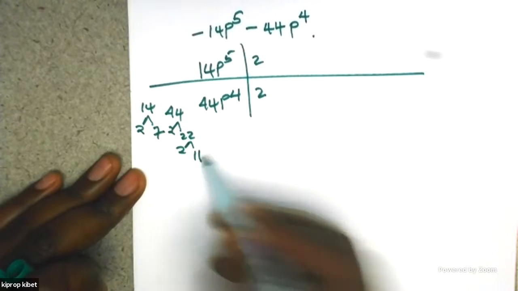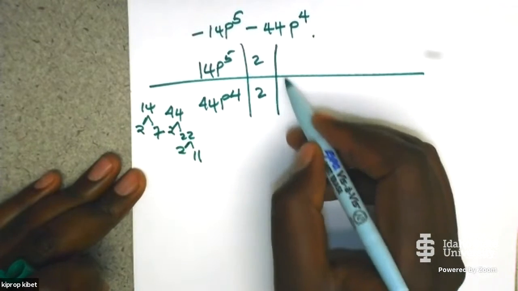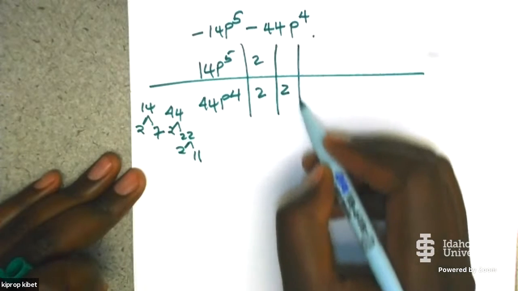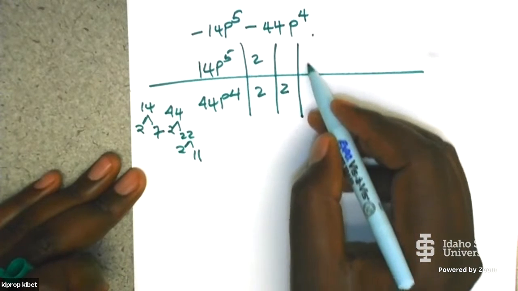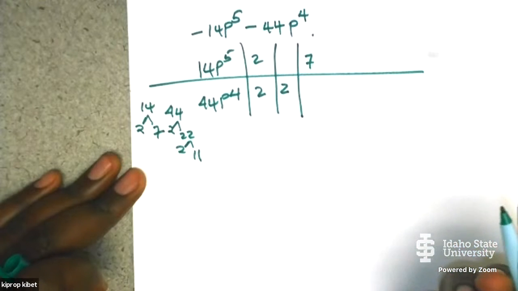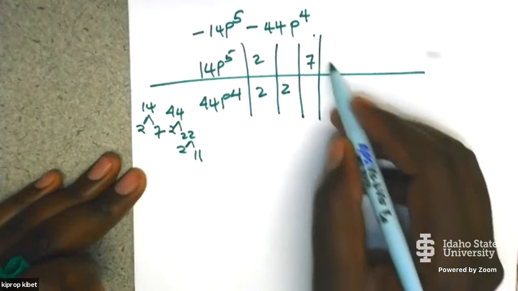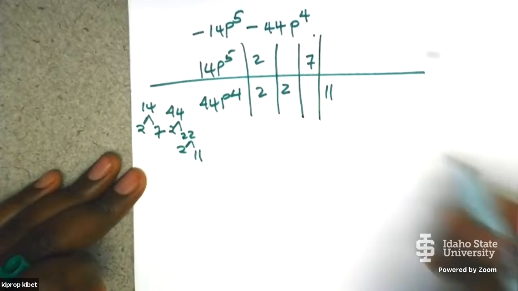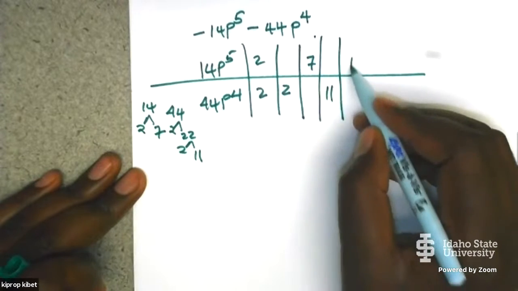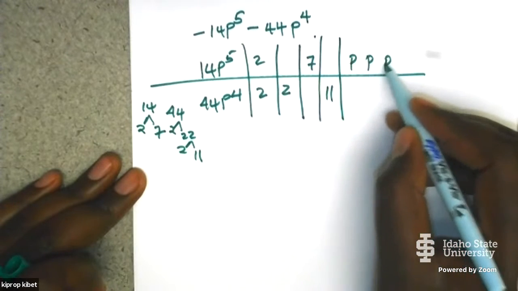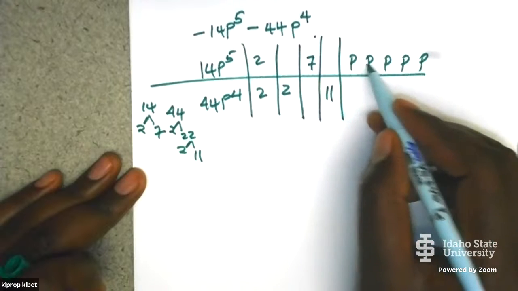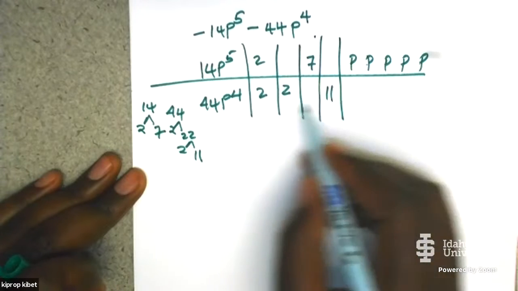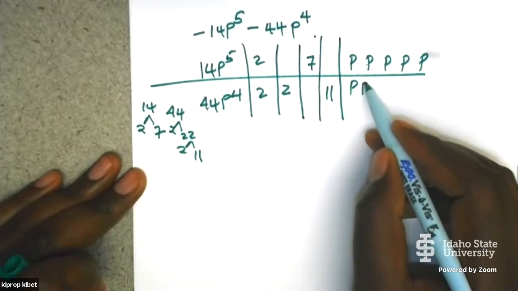So we have 2 times 7 for that one, and 2 times 22 for this one. And then we have our 5 p's there: 1, 2, 3, 4, 5. And our 4 p's here.